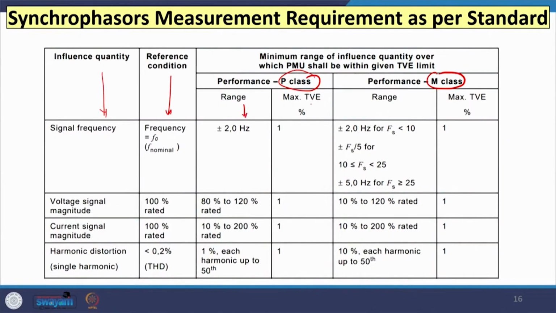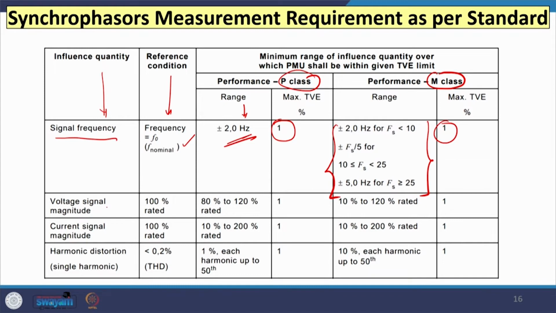So, for a particular range of frequency, how much maximum total vector error in percentage is allowed for P class PMU, and the same for M class PMU. If we consider the signal frequency, the nominal frequency, then you can see that for P class PMU the total vector error is 1% and for M class also it is 1%, but you see the difference in the range of frequencies, that is plus or minus 2 hertz here, whereas in case of M class PMU a wider range of frequency is available for the same 1% allowable total vector error.